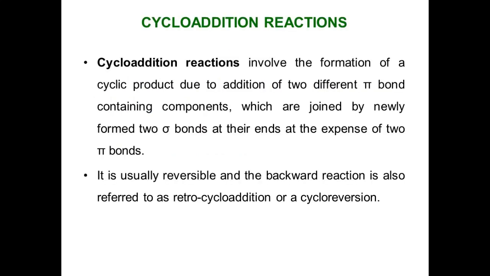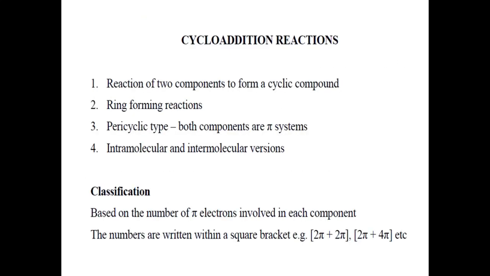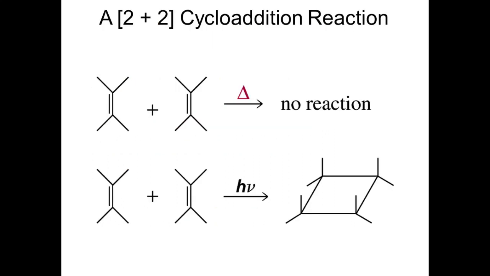So this is for the cycloaddition reactions. Cycloaddition reactions involve the reaction of two components to form a cyclic compound, a ring-forming reaction, of pericyclic type. Both components have pi systems, intermolecular and intramolecular. The classification is based on the number of pi electrons involved in each component. The numbers are written within square brackets, 2 pi plus 2 pi and 2 pi plus 4 pi, etc.